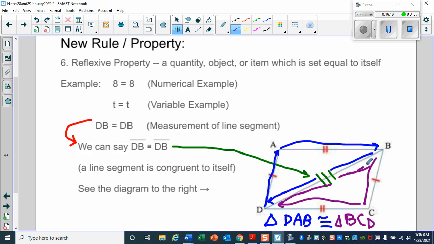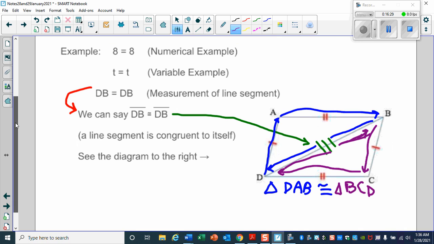Back to B. And then notice how D and B, and actually in the end, B and D, they're the congruent angle to each other.